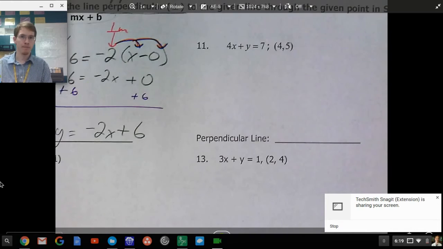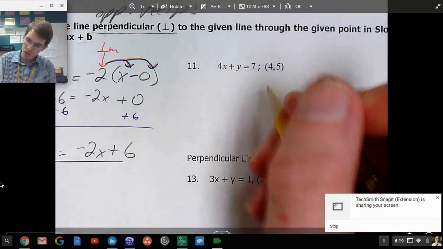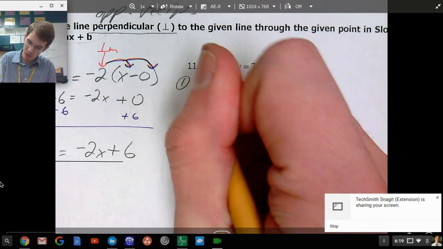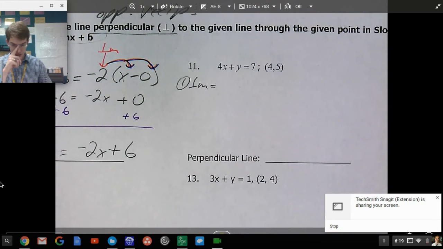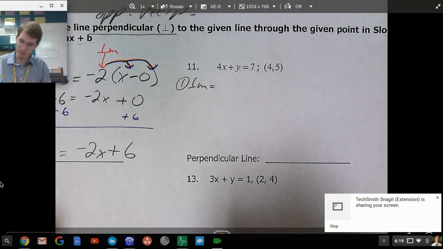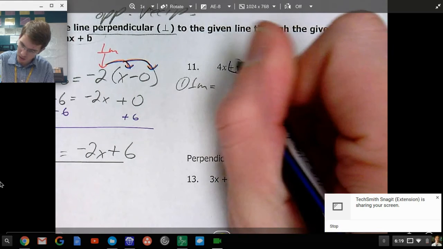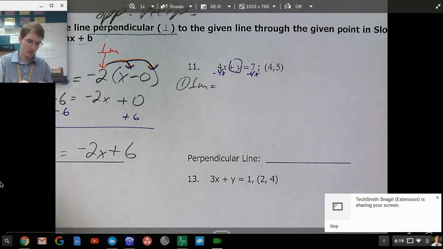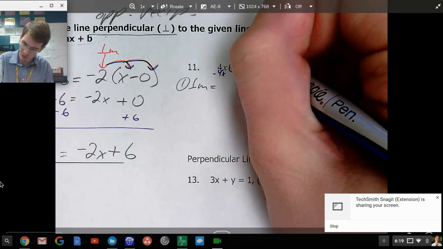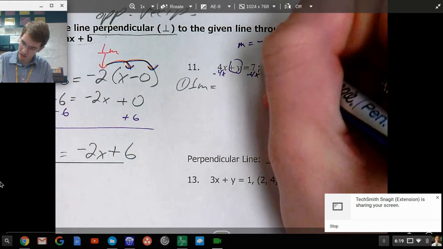Because most of them end up like that, like number 11. So I need to find my perpendicular slope. Again, we have to get y by itself here, so I'm going to subtract 4x. So my slope, just my plain old slope, is -4, it looks like.